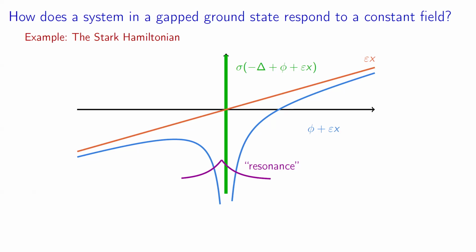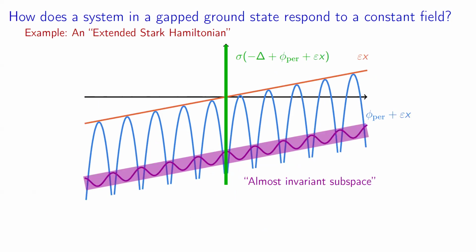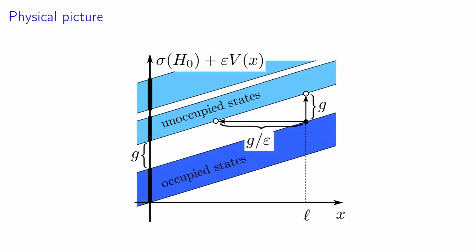Basically, the same intuition is true for an extended system. Let me just explain this picture to save time. If we now think about a gapped insulator, so an extended Fermi system with a gapped ground state, this is in a non-interacting picture where we just fill these Bloch bands.